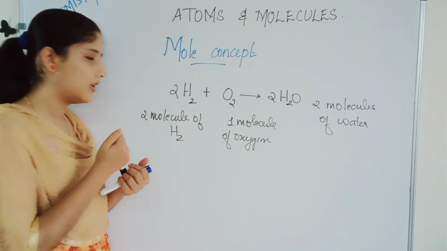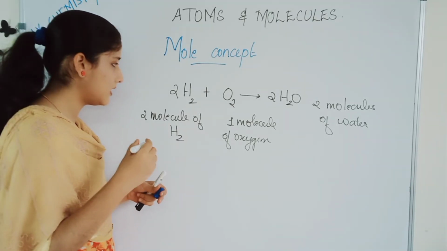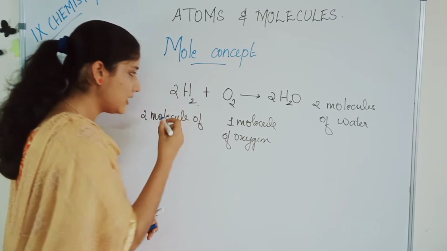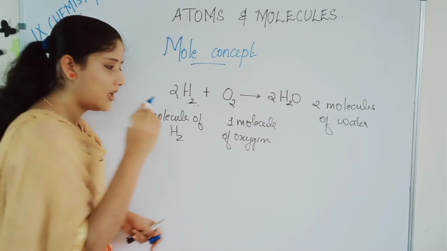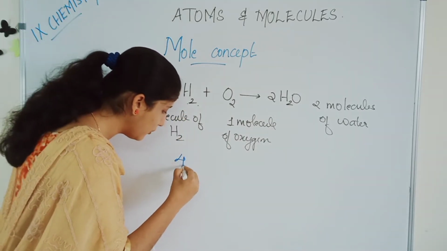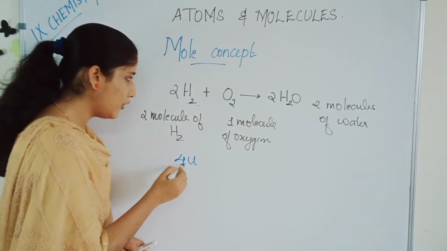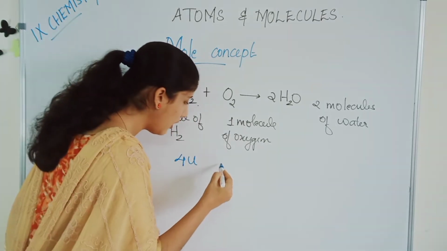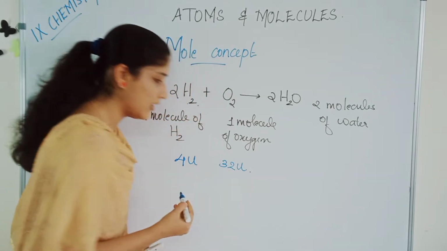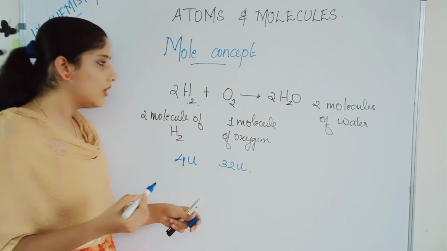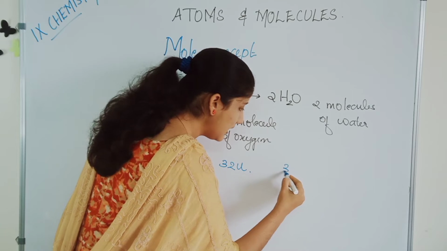Or in other terms we can say the meaning of this in terms of mass. How can we say it in terms of mass? 2H2, isn't it? One H2 has how much? 2U as the mass. So 2H2 is 4U. This is atomic mass unit U. 4U of hydrogen and also 32U of oxygen is the mass of oxygen, isn't it? 16 into 2 gives how much? 36U.